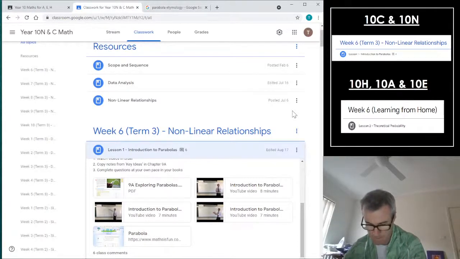Okay. We are on pages 76 through to... it's a big chapter.